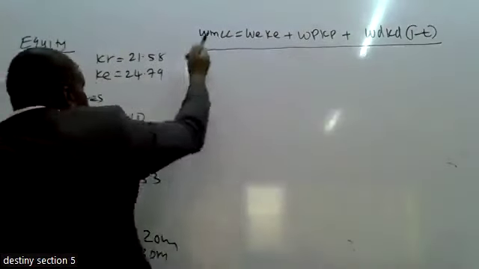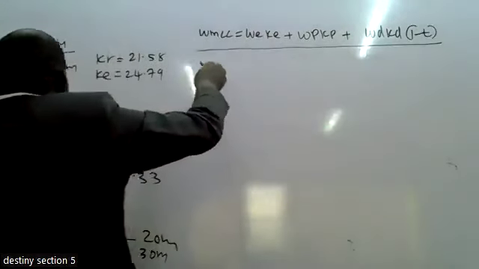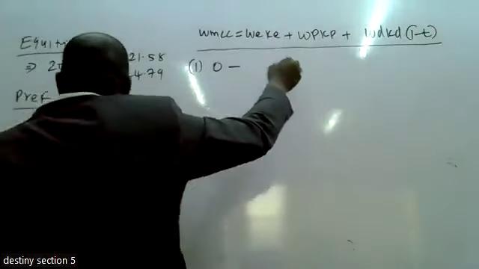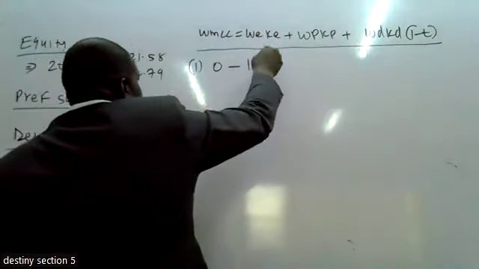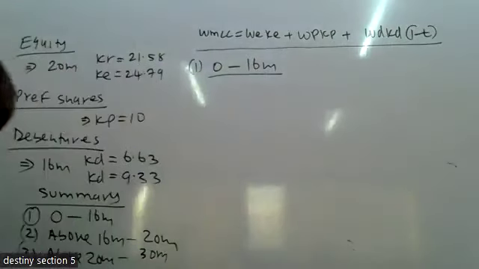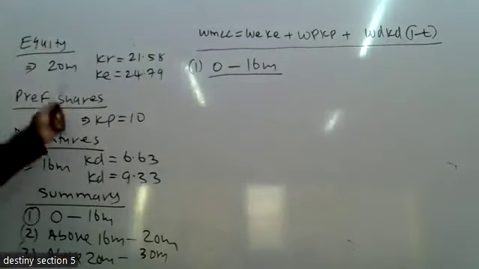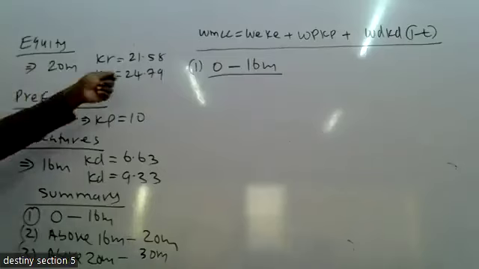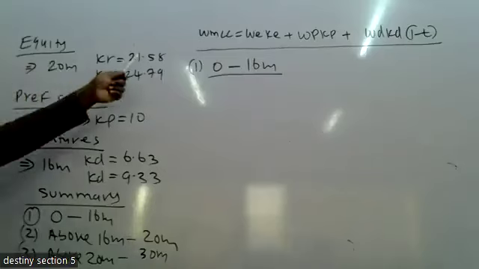So the first one we have said is from 0 to 16 million. Under equity, at 20 million and below, we use the retained earnings.